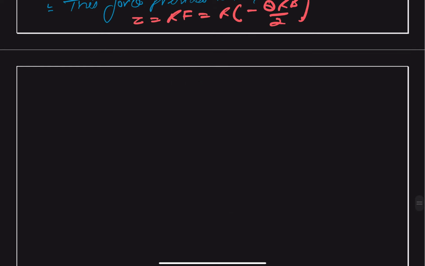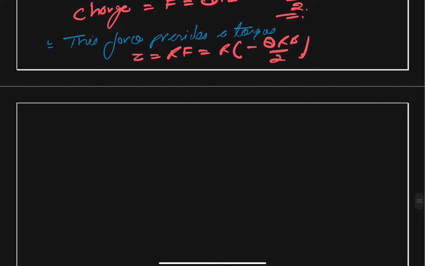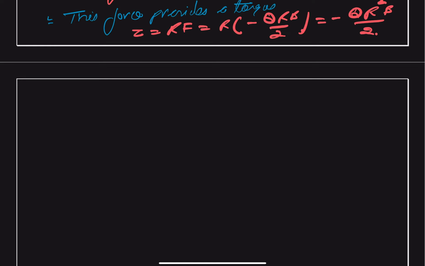So we can write that our torque is equal to minus q R square B upon 2. Now this torque is going to change the angular momentum, and the change in angular momentum will be equal to torque and the time, that is about 1 second.